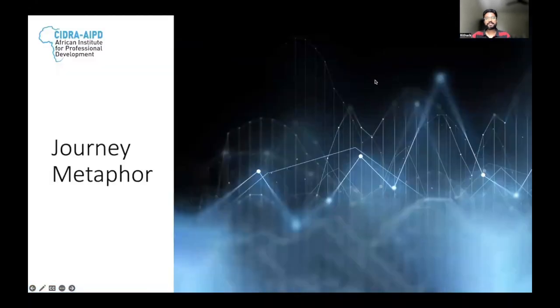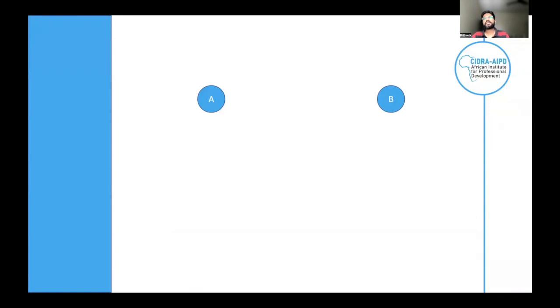So let's begin with a metaphor of a journey. All projects that you do are taking you from one situation to another. It's a journey from one situation to another. So it might help if we have this metaphor of a journey in our minds to understand these ideas around measuring, evaluation, monitoring.